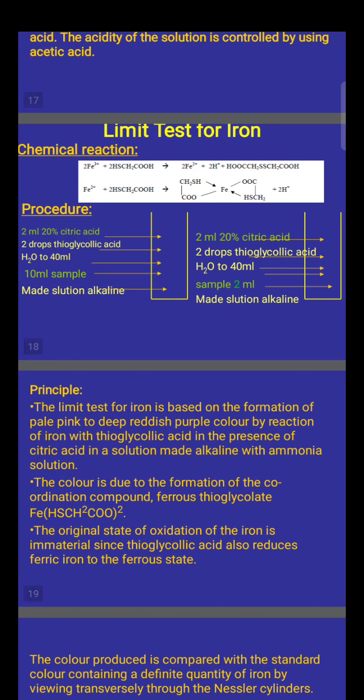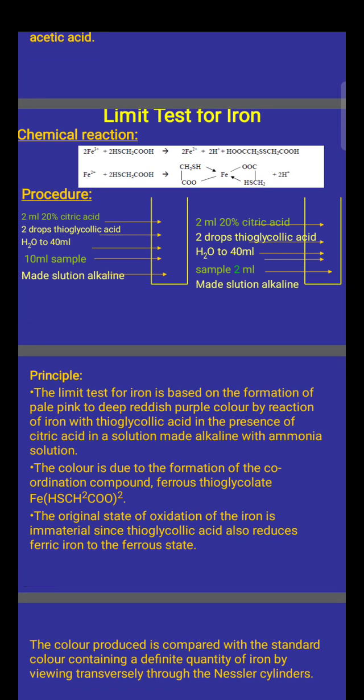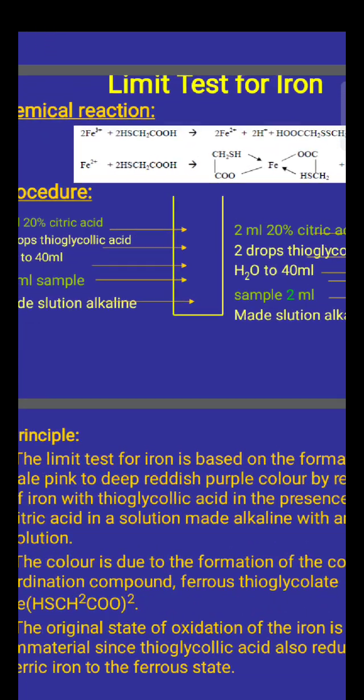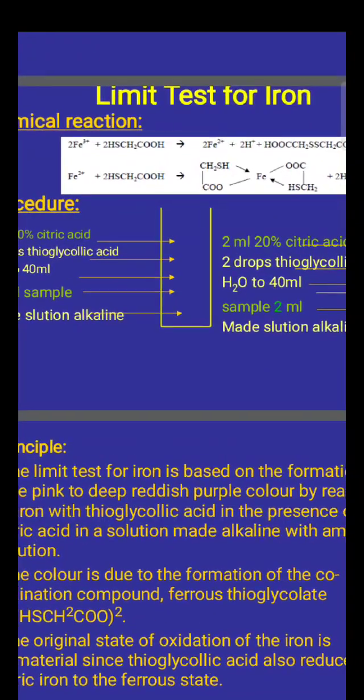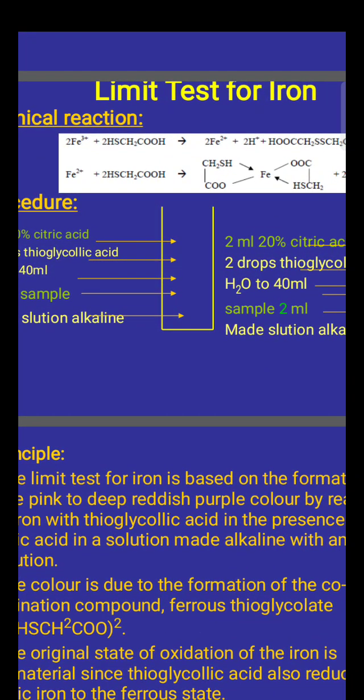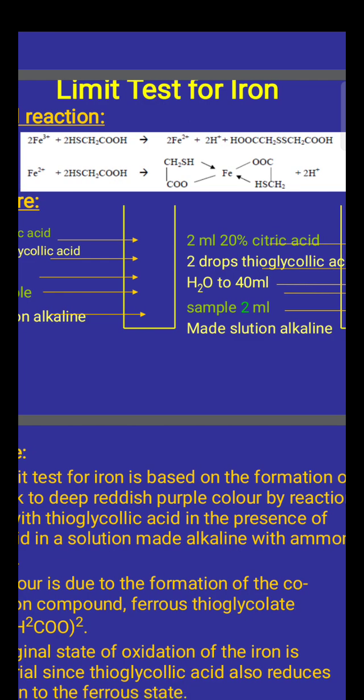The original state of oxidation of iron is immaterial since thioglycolic acid also reduces ferric iron to the ferrous state. Okay, so we will see one by one what is the principle of this. If we see the first reaction, you can see here Fe3+ means ferric. The oxidation state in the first reaction of iron is the ferric form. So it is immaterial, that means ferric is not able to react properly with thioglycolic acid.